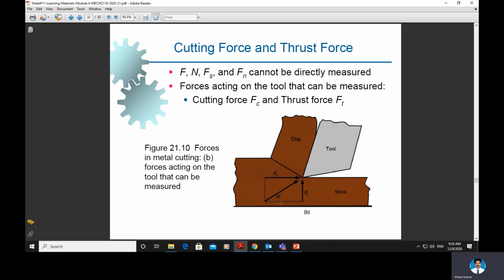And thrust force is the force needed to keep the tool in the workpiece in a direction perpendicular to the workpiece. So the resultant of Fc, the cutting force, and thrust force will be R double dash as shown here.